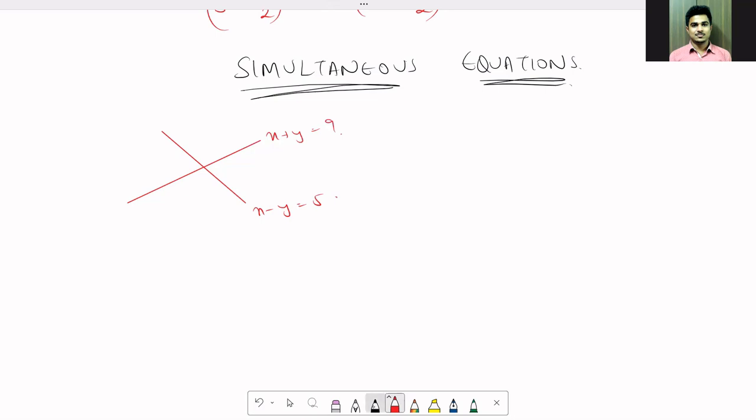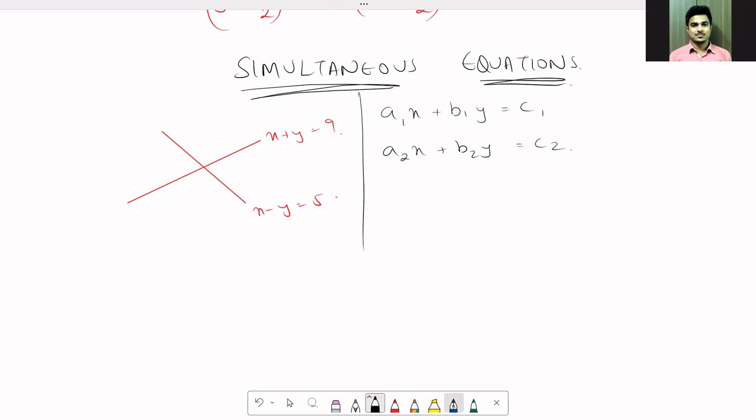Okay, so you might be having some questions like, sir, is it necessary that these two lines will intersect? So let's look at a few certain scenarios. So let's say the equation of the first line is a1x plus b1y is equal to c. And the equation of the second line is a2x plus b2y is equal to c.